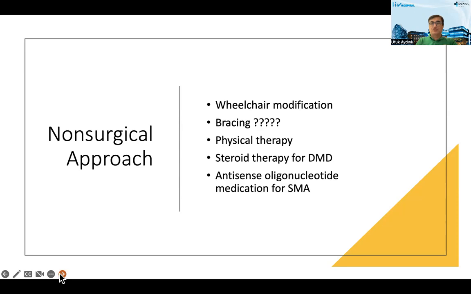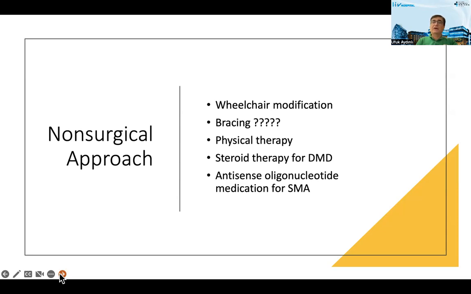Bracing is a huge question mark because the bracing also embraces the body, and they have lung and respiratory problems. If you put a brace around the chest, then this will also negatively affect the pulmonary functions.